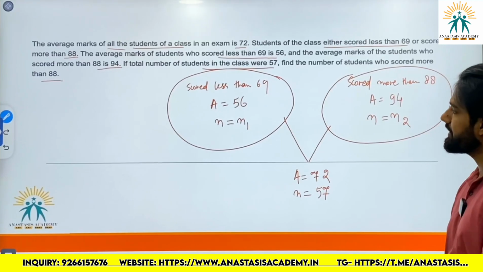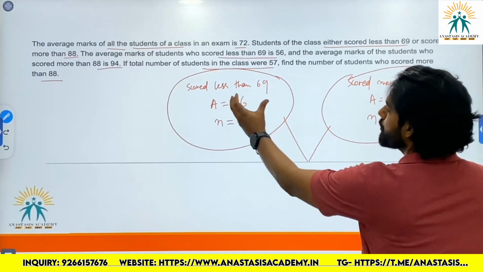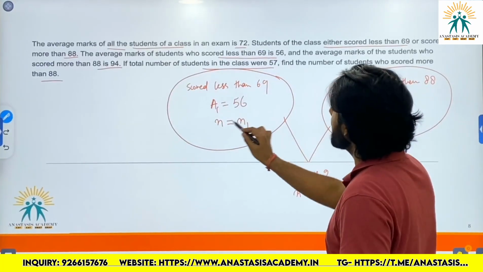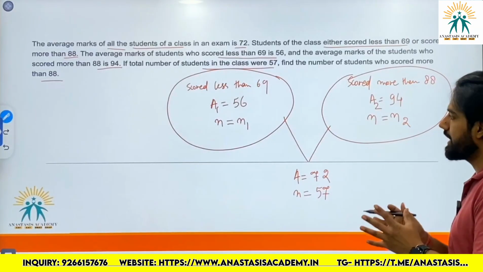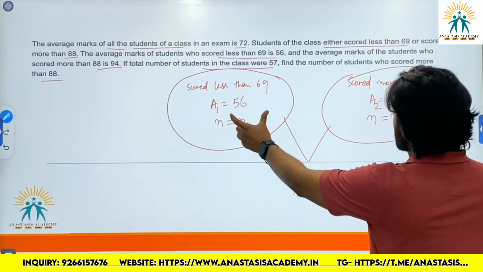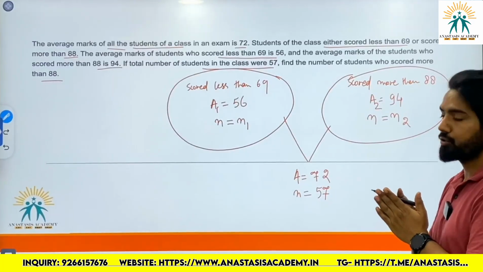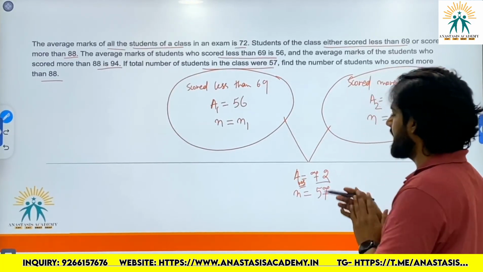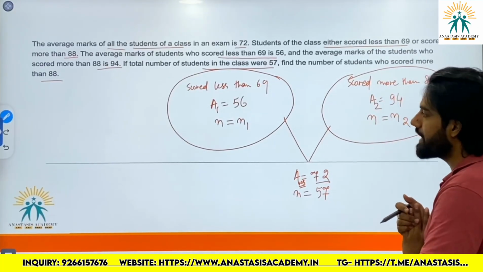So it's a concept of weighted average, because these two averages, A1 and A2, are mixed with some weights, and I am getting the final resultant average as 72.